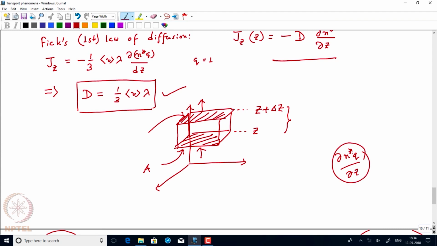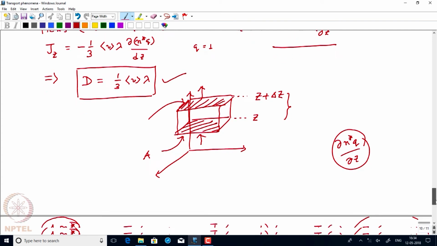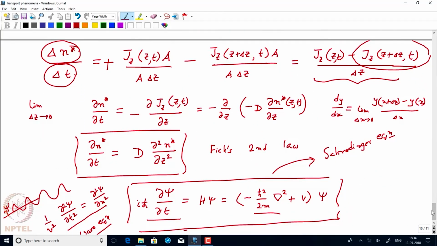What it means is that as it changes spatially, things move from one side to another, which means over time you will also have dynamics. And we found the very important relation that the first derivative of the concentration with respect to time is nothing but the second derivative of the concentration in space.